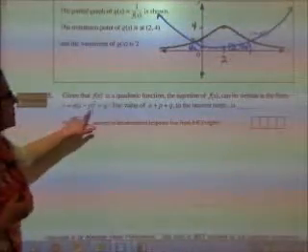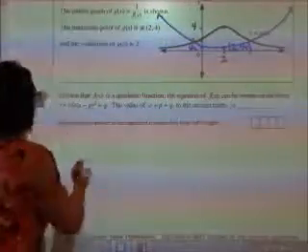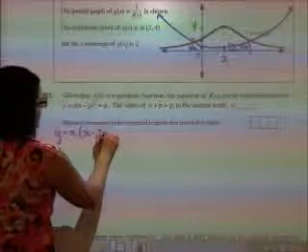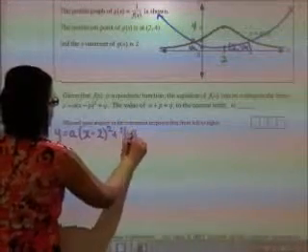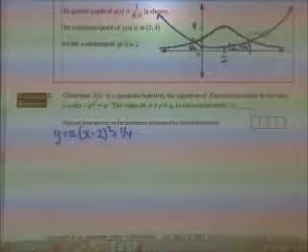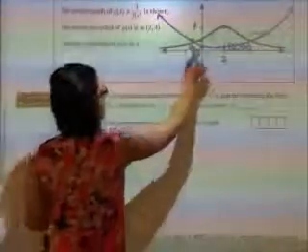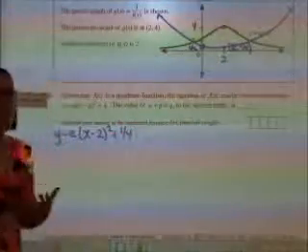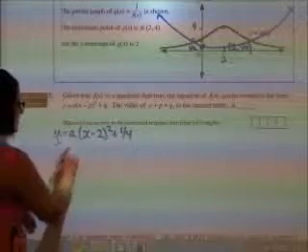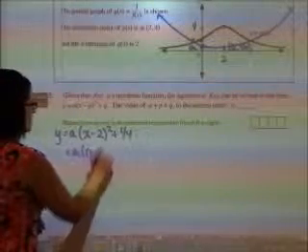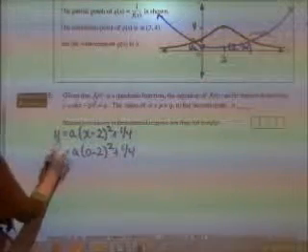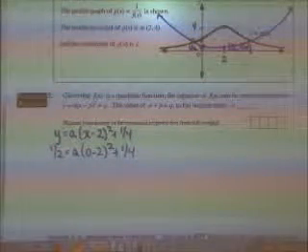So I have P and Q, 2 and 1/4. Y equals a times x minus 2 squared plus 1/4. To solve for a, I can use this point right here. I have a point on the graph where I know the value of x is 0 and the value of y is 1/2.